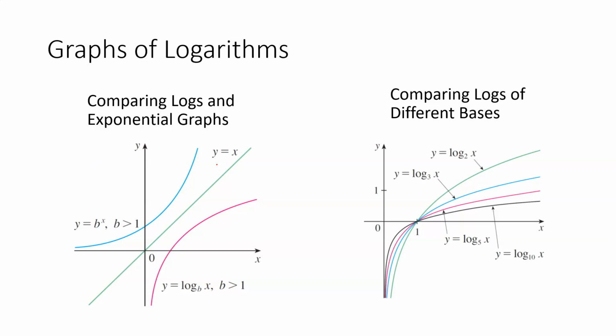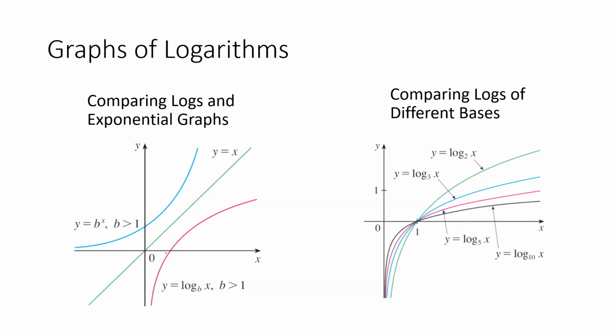And here's a good way to visualize the relationship between an exponential function and its logarithm. So for instance, if I've got the function b to the power of x in the blue graph, we know that if I reflect that in the line y equals x, we get the graph of log base b of x. And of course we see that because b to the power of x is always going to be above the x-axis, the log base b of x will always be to the right of the y-axis.